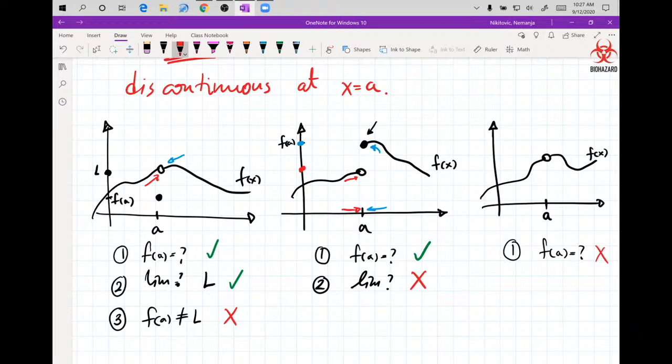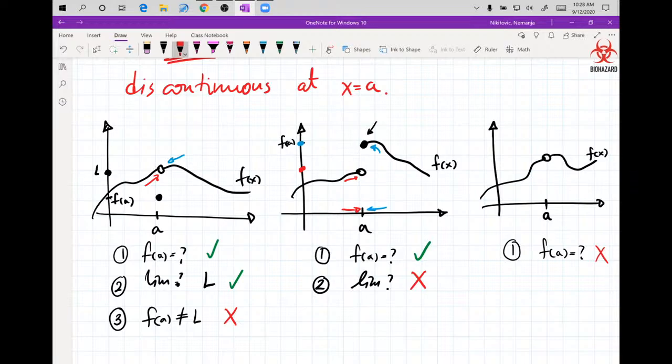So now you see that you need to know all three rules. You need to check all three rules because for a given function, any one of them might fail. And if it fails, obviously, the function is discontinuous.